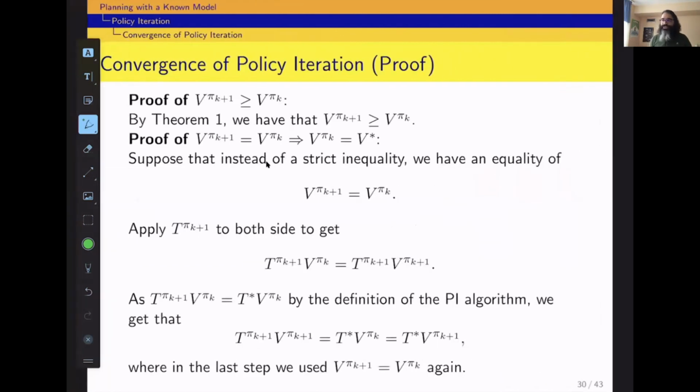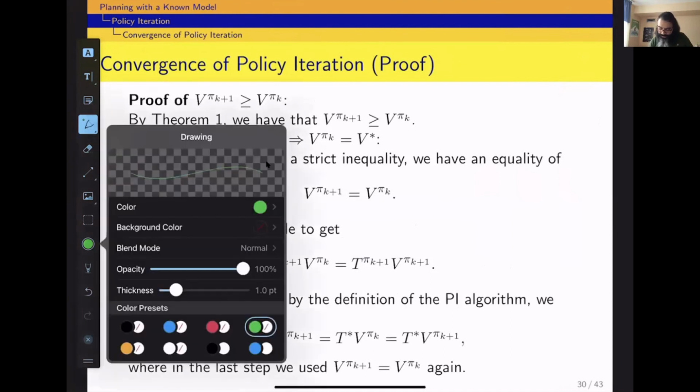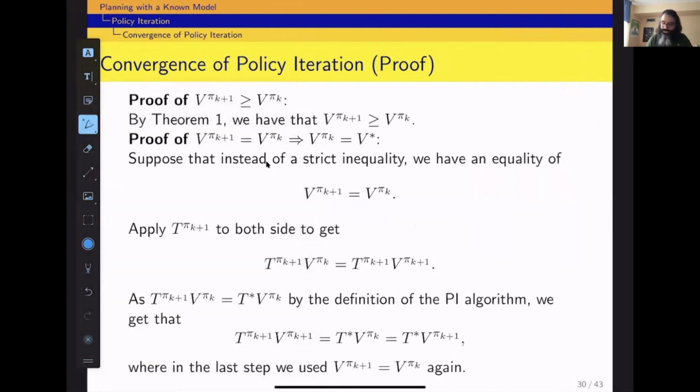Okay, so the first step of the proof: I broke down the different claims. One is that we want to prove that V of pi k plus 1 is greater than or equal to V of pi k. But this is exactly the policy improvement theorem, which basically says that V of pi k plus 1 is greater than or equal to V of pi k.